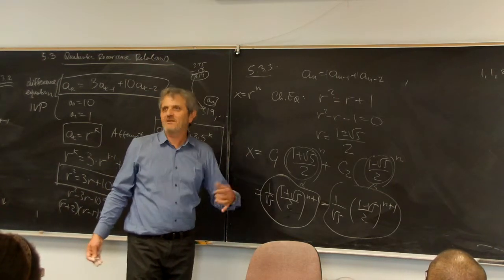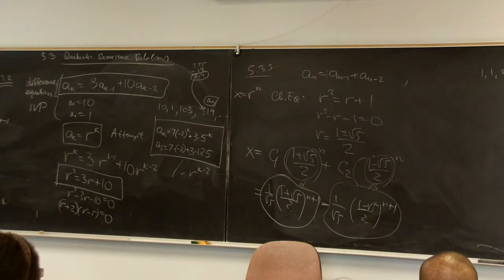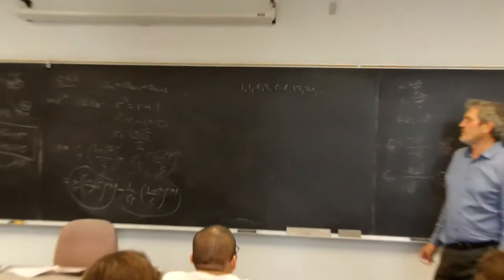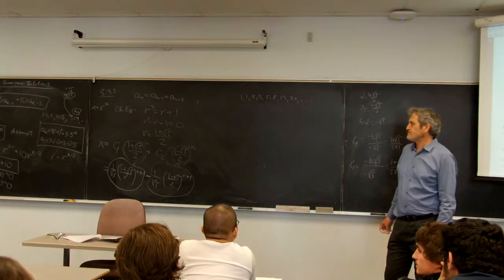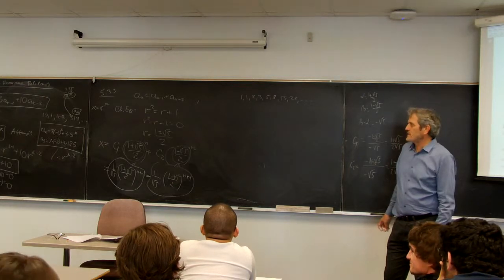Sometimes you round it up, sometimes down, depending on these guys. But generally, this second guy is very, very small. Anyway, you have a formula for the Fibonacci sequence, and you don't have to calculate it recursively.